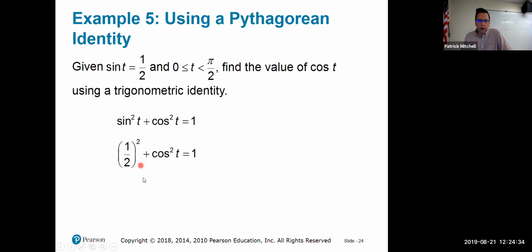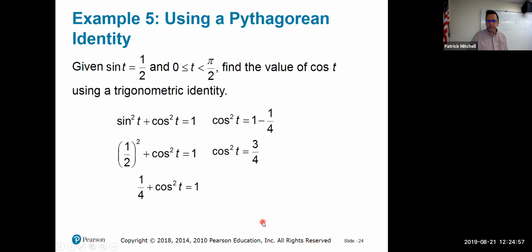Of course, the square of 1/2 is 1/4, right? So 1/4 plus cosine squared t equals 1. I am going to subtract 1/4 from both sides. So this 1/4 is going to disappear, and then 1 minus 1/4 is 3/4. Okay.